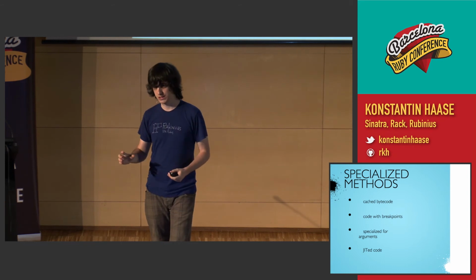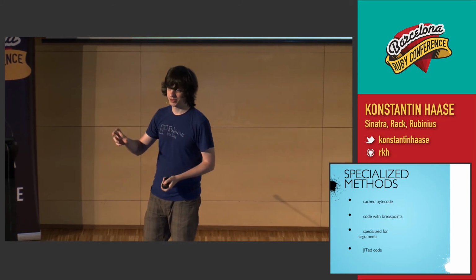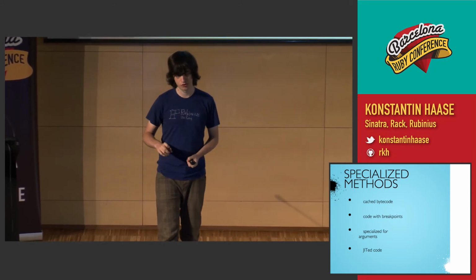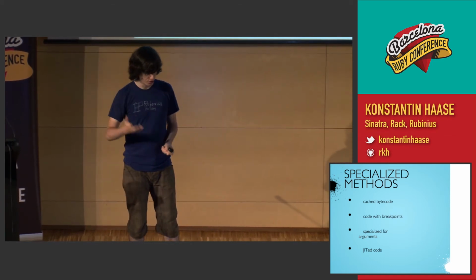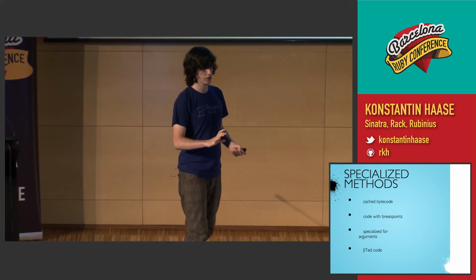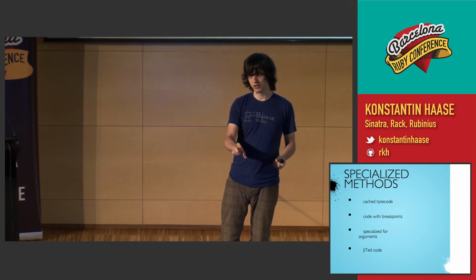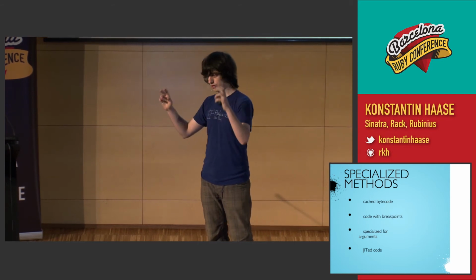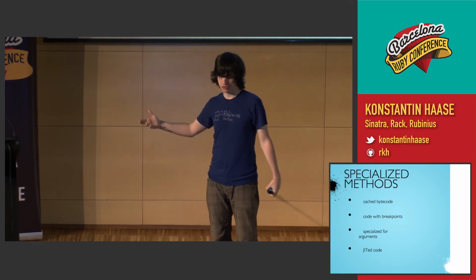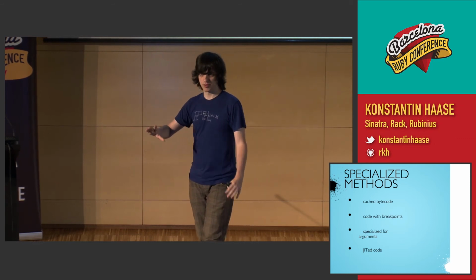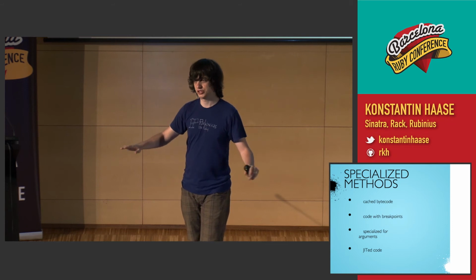It can also be the bytecode inserted with breakpoints. And this is a really cool thing, because if you set a breakpoint in that method, then the referenced compiled code will be different, but the rest of the system will still stay the same.